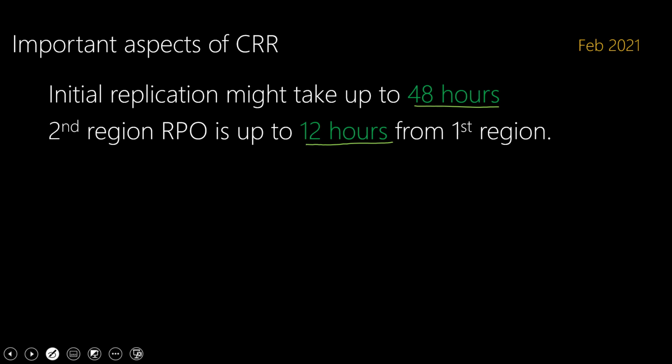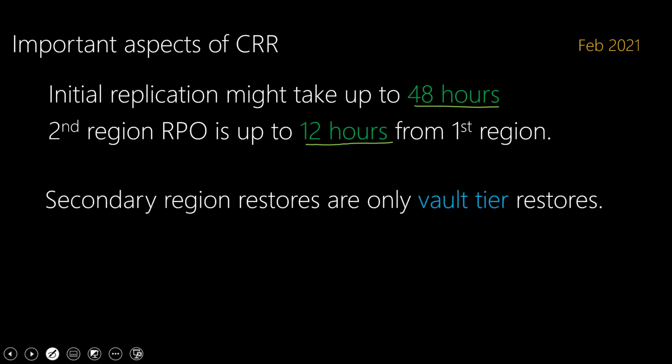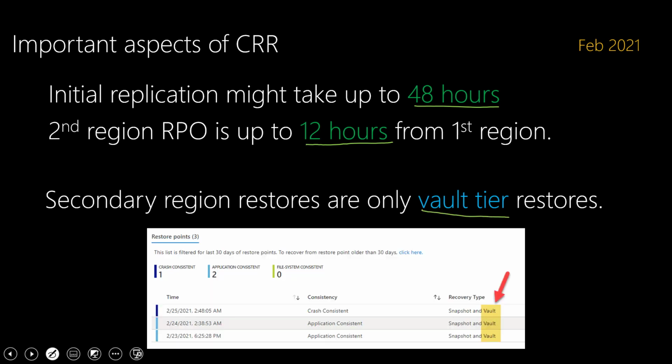The restores that are available in the secondary region are the ones that are marked as vault tier restores in the primary region. So this is when you open your Azure portal and you check the restore points. If the restore point says in the column recovery type that they are vault, then they are going to be replicated to the secondary region when CRR is enabled.